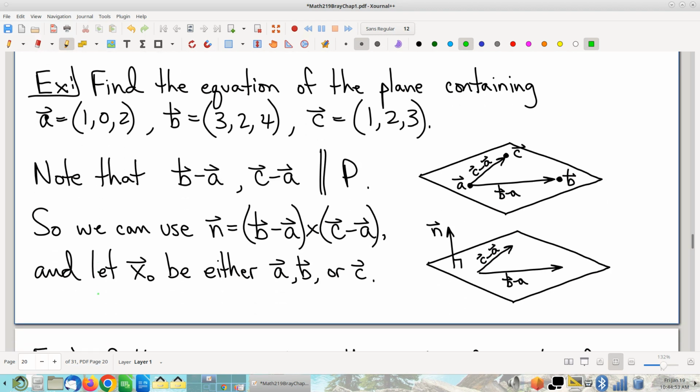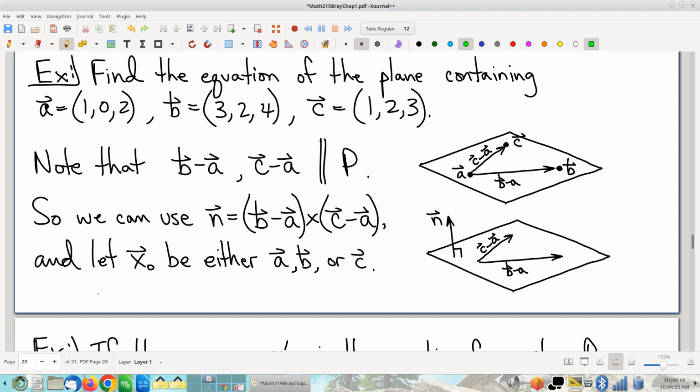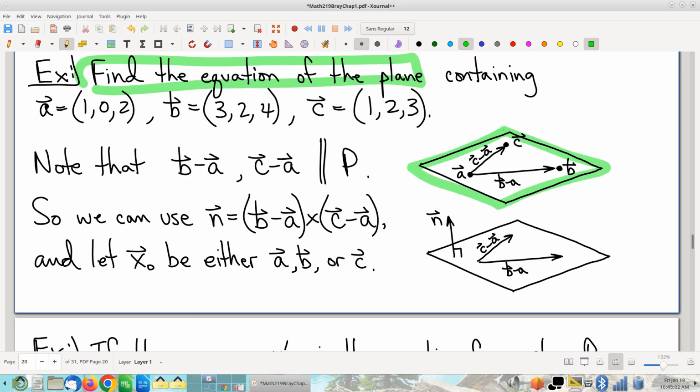Okay, real quick then, let's use these ideas to find the equation of the plane that is defined by containing these 3 points. So the 3 points are given, and I want to find the equation of the plane.